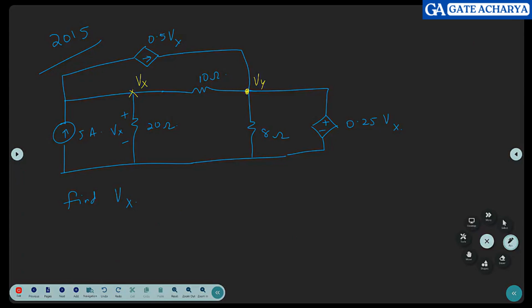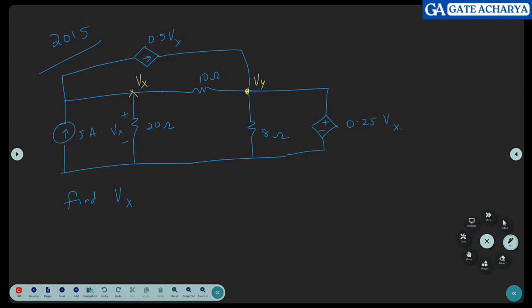All the currents entering the node equal to 0. Name it like that. Go ahead, write a KCL equation. Of course, this Vy we already know. This is a voltage source, no?